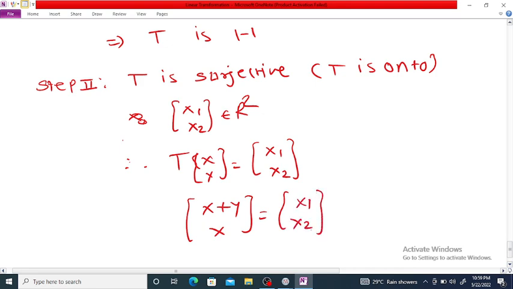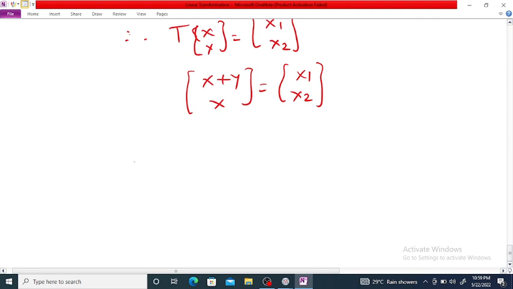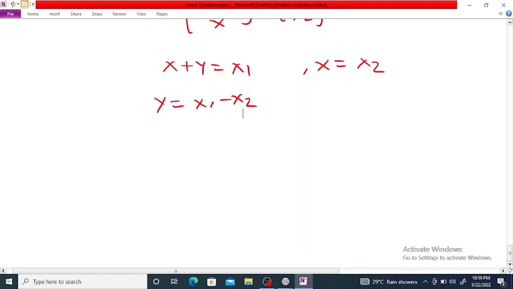Now if you equate the LHS and RHS, we get x plus y is equal to x1 and x is equal to x2. So from this we get the value of y is equal to x1 minus x2. So here x is x2 and y is x1 minus x2.